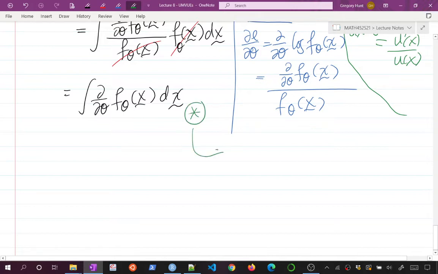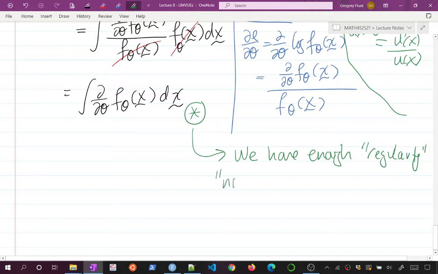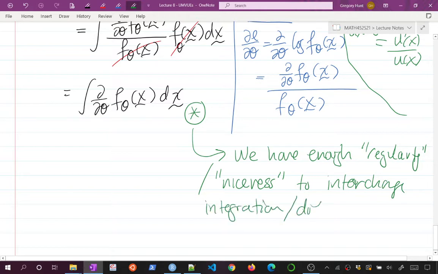We're going to say that we have enough of what they call regularity, and by regularity, I mean niceness, to interchange integration and differentiation.